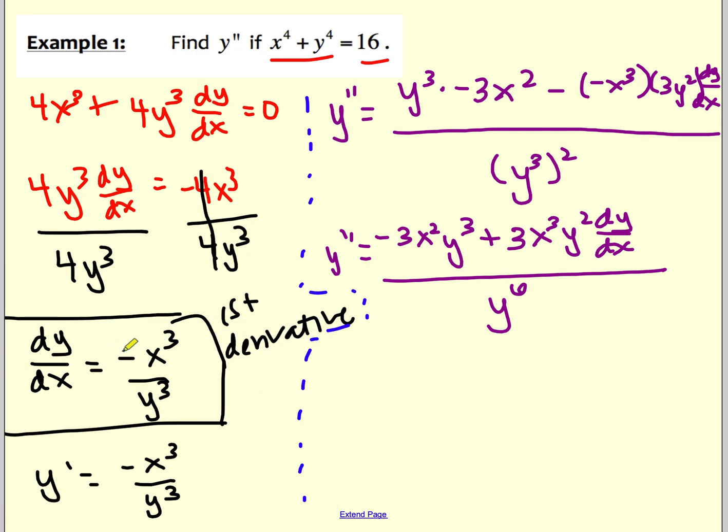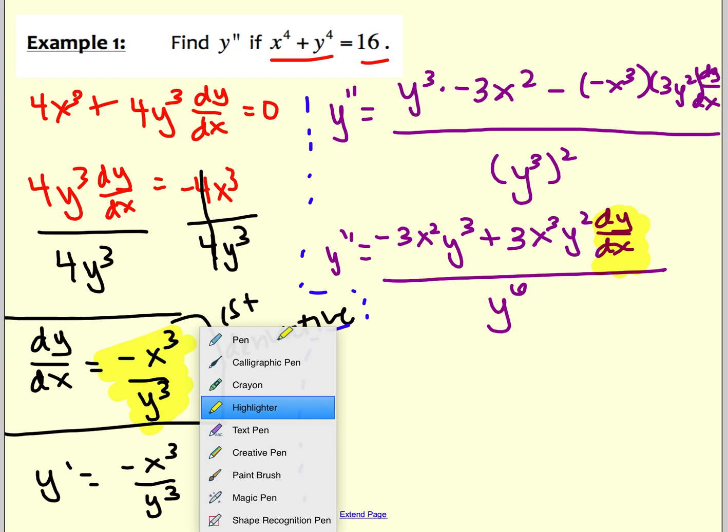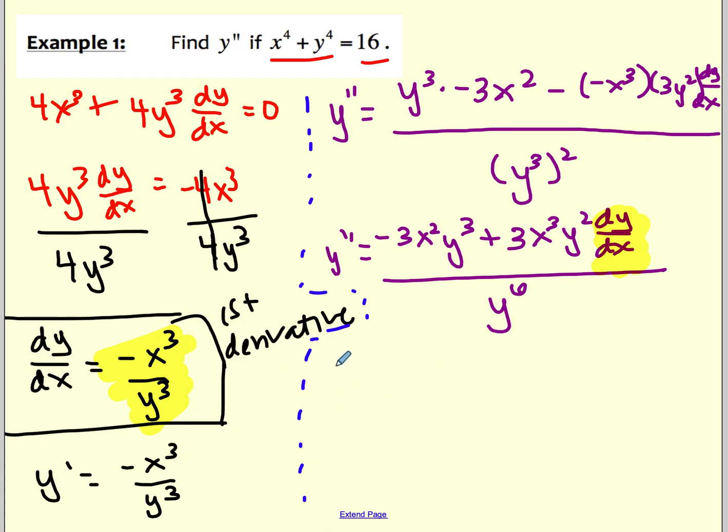The way you do that is, well, this right here is what dy dx is. Dy dx equals, so I sub that into here. Okay, so I'm going to rewrite it with that substitution. So I have y double prime equals negative 3x squared y to the third plus 3x cubed y squared dy dx.